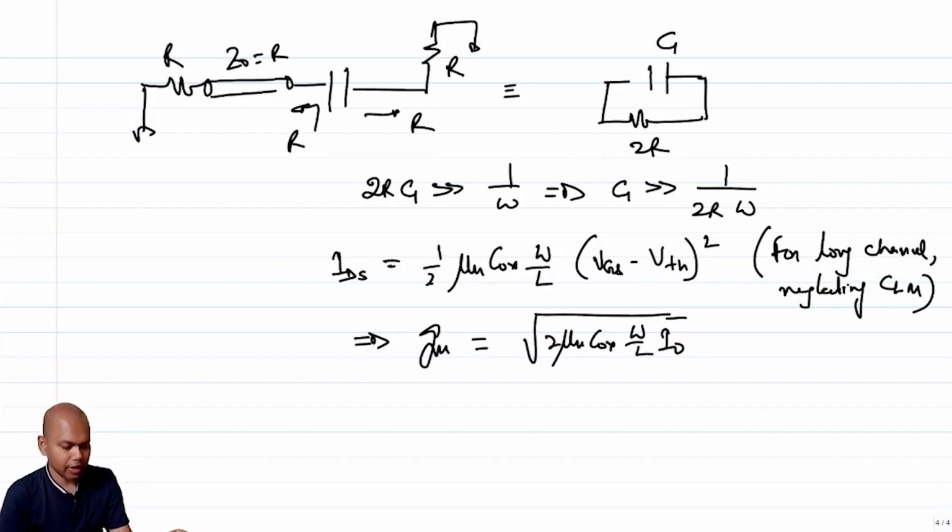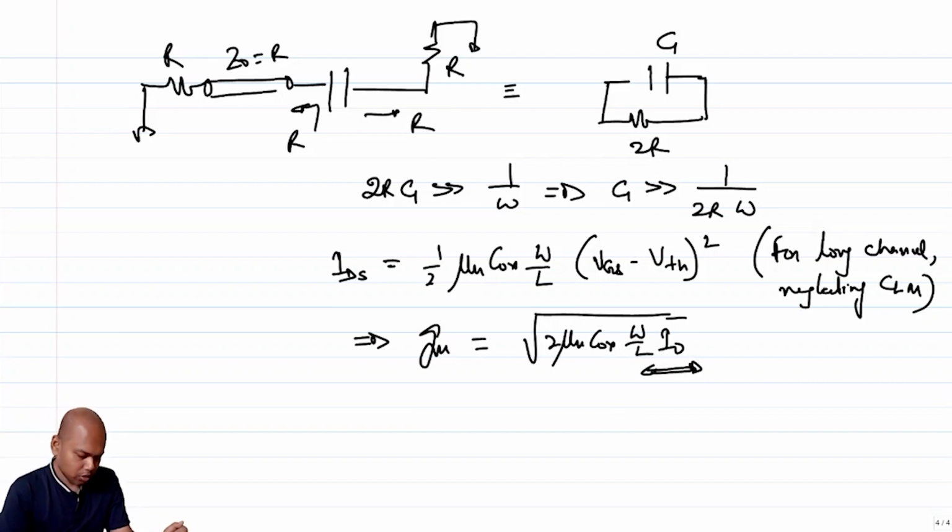Now again note that I could have written any other form of GM, but that wouldn't have been the right expression, even though mathematically they are all equivalent. The reason I would like to choose this expression for GM is because I know the I naught is constant, right?